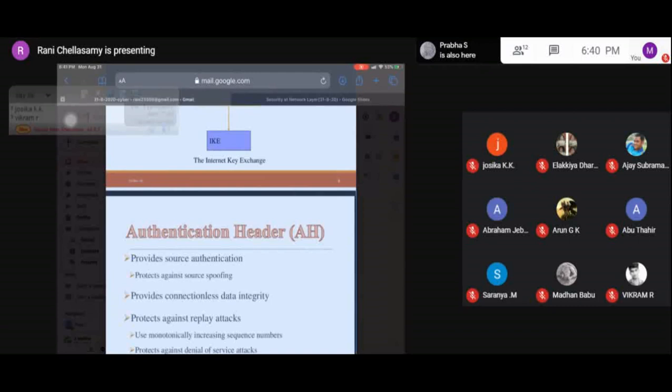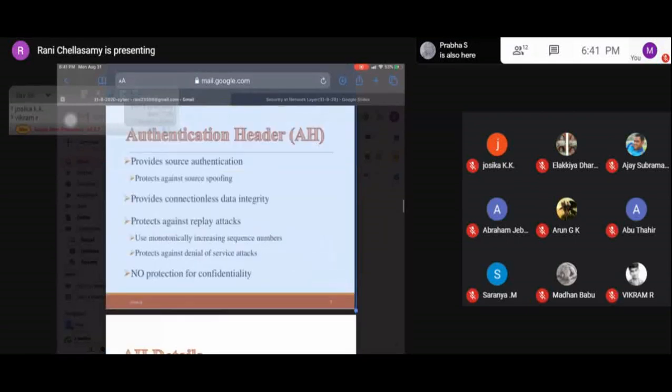With this authentication header, you can avoid a false source address. It also provides connectionless data integrity, that is, there cannot be any loss or alteration of data between sender and receiver, and it also protects against replay attacks. Replay attacks mean retransmitting old packets.